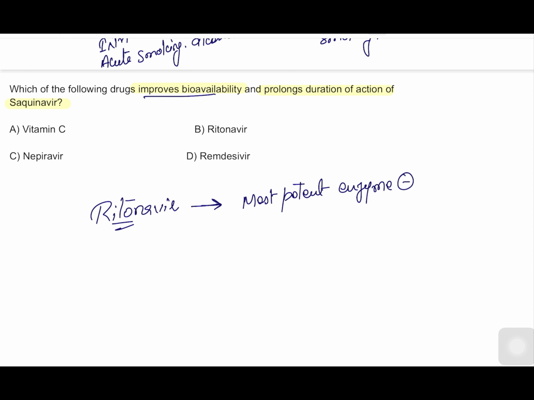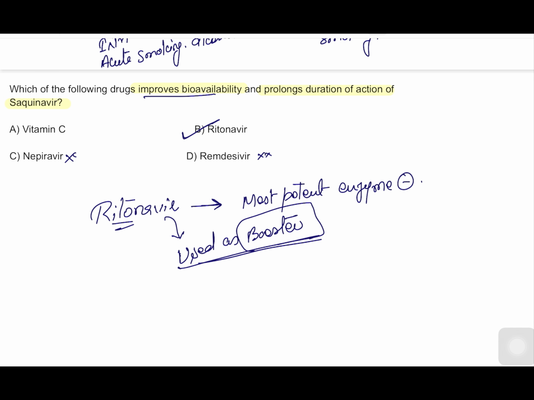It can inhibit cytochrome enzymes. So by inhibiting this enzyme, it is used as a booster now. It will increase all other protease inhibitors' function. So that's why it is nowadays used as a booster. So here correct answer will be ritonavir.